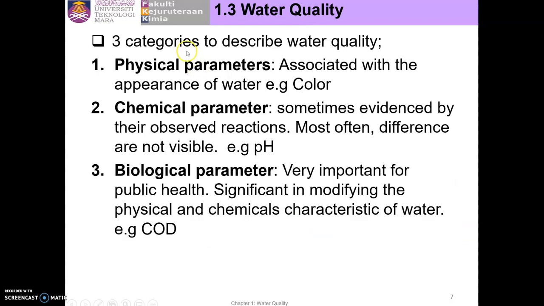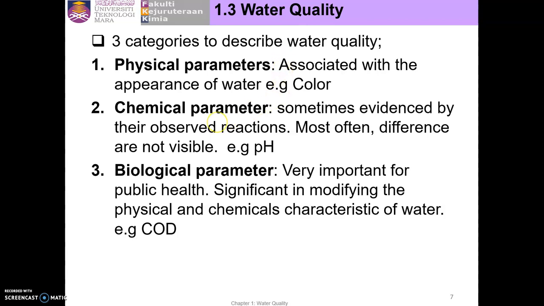Okay. So 3 categories to describe water quality. We can describe water quality from physical parameter, such as color, maksudnya kita dapat tengok secara physical lah. Okay. The appearance of water, kalau water tu kotor, biasanya tak keruh ke, that is color.